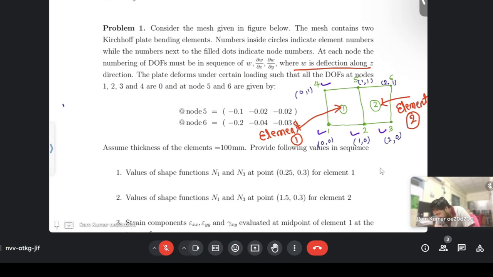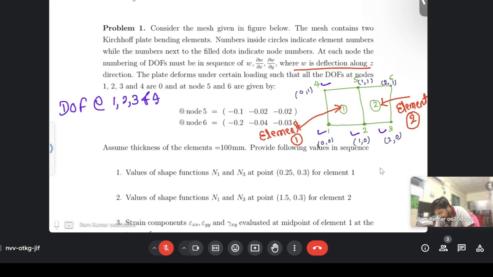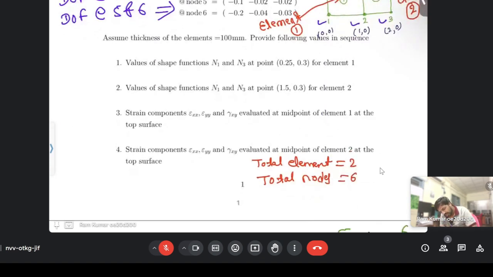So degrees of freedom at nodes 1, 2, 3 and 4 equal 0, and degrees of freedom at 5 and 6 are given by this. So each node has 3 degrees of freedom.